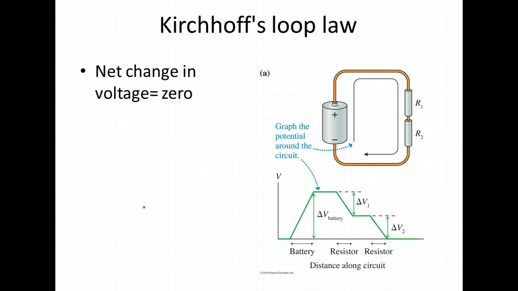Kirchhoff has a few laws, and Kirchhoff's next law is the loop law, which says that the changing voltage across a circuit equals 0. If my battery has a voltage difference, which we've been calling the EMF, the electromotive force, of let's say 10 volts, I know they have 9-volt batteries, then I know that these 2 resistors also use 10 volts.